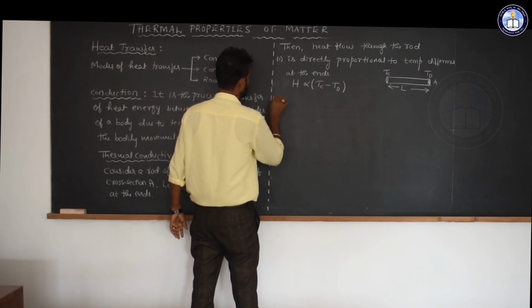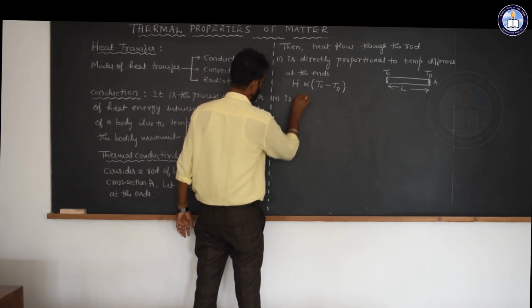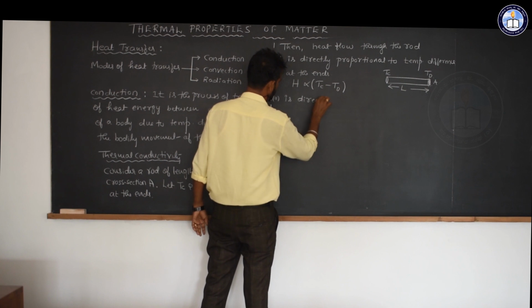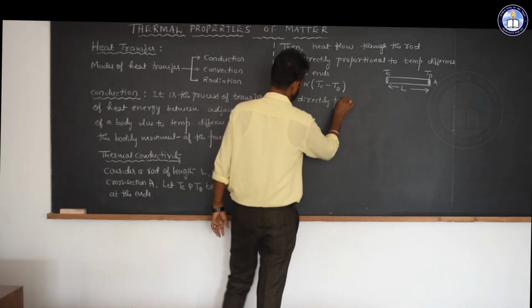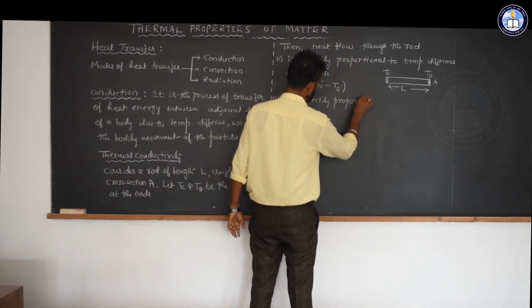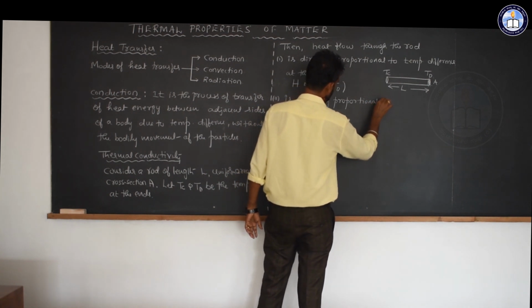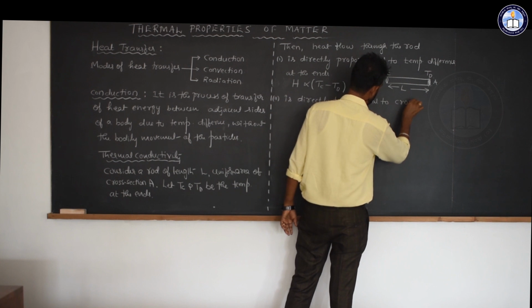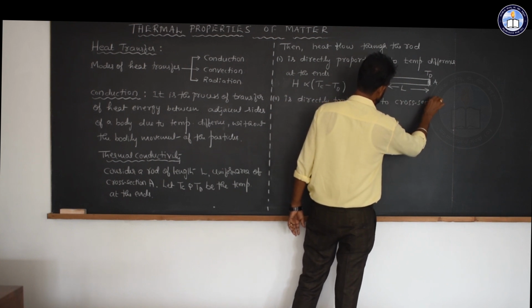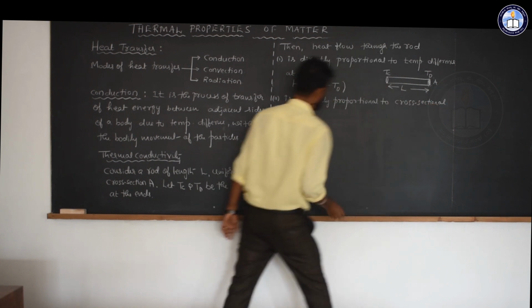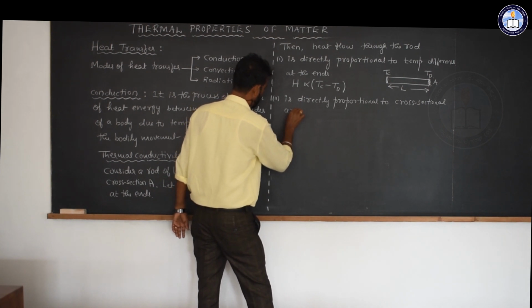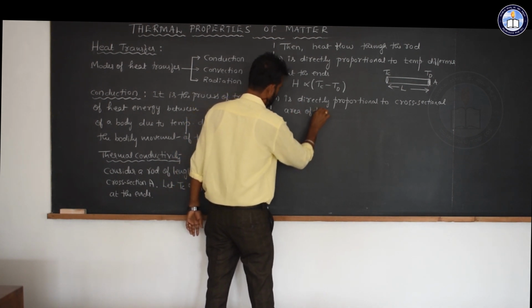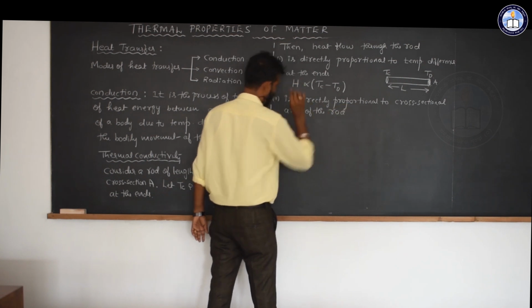Second one is directly proportional to the cross-sectional area of the rod.